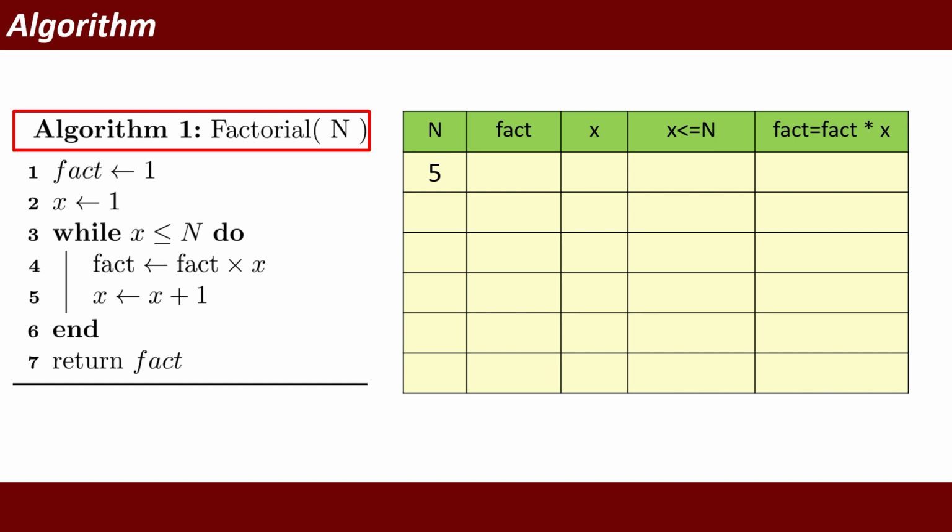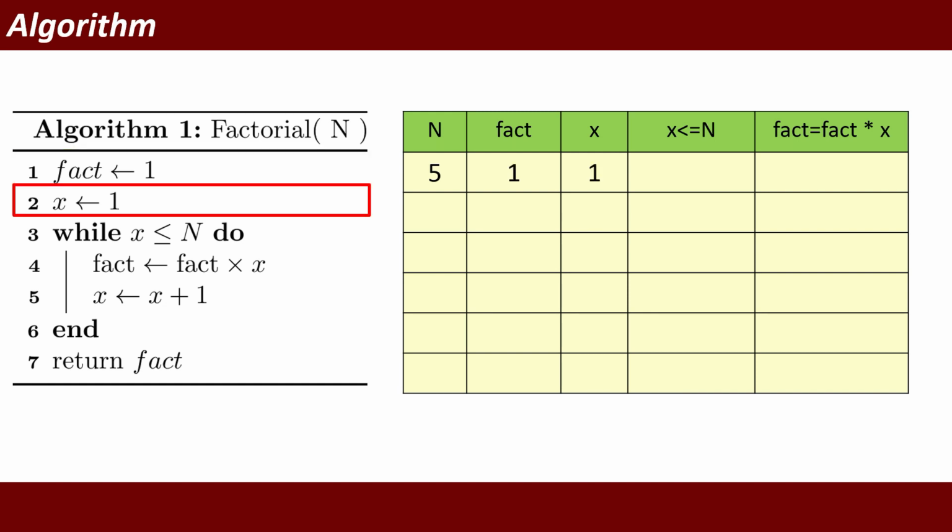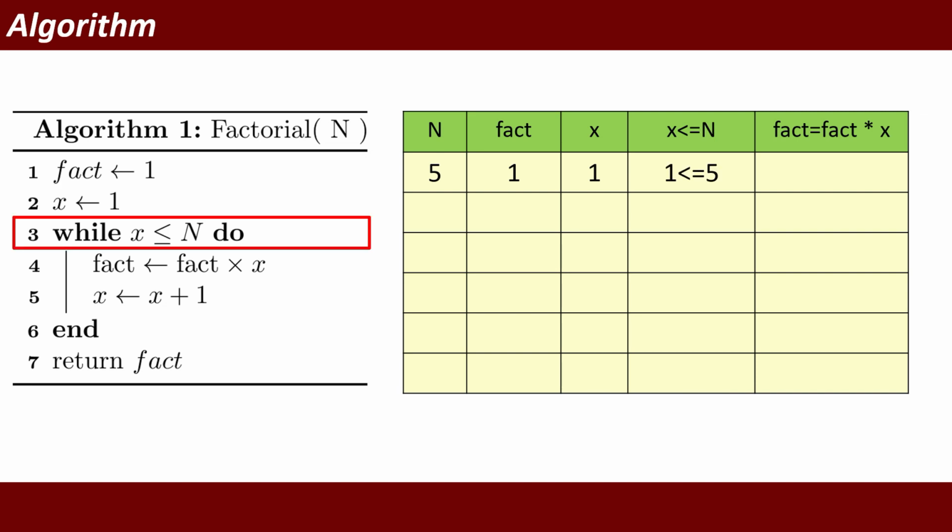First of all, suppose I want to calculate the factorial of number 5. Fact will get value 1, x will also get value 1, and then it will check whether 1 is less than or equal to 5. Yes, this is true. In case of true, it will move into the body of the loop.